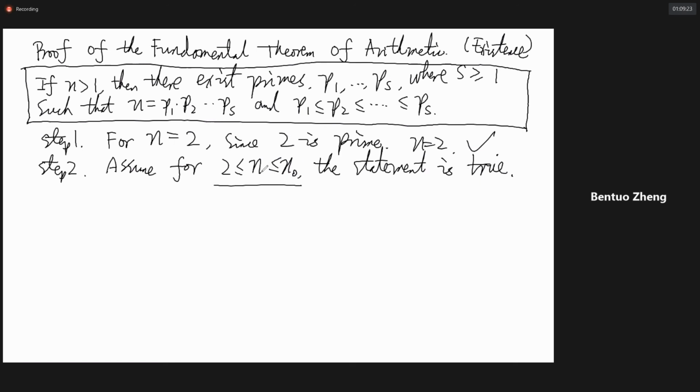Now the variation is you can assume for n less than or equal to n0 that the statement is true. So this gives you a little bit more freedom. But essentially, this is the same because you always go from step to step.